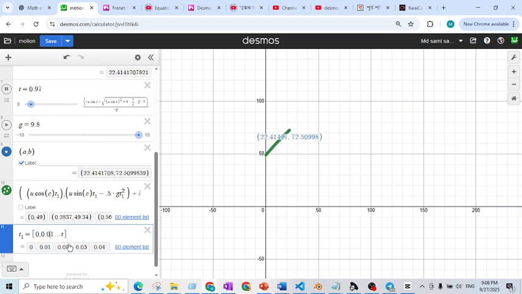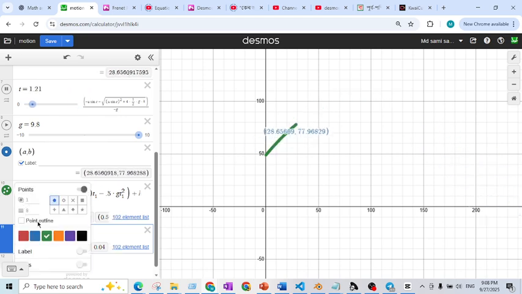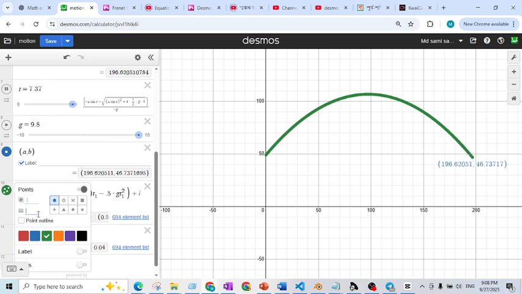So you see the trajectory is now so smooth. Well, so I have decreased the width of the line.